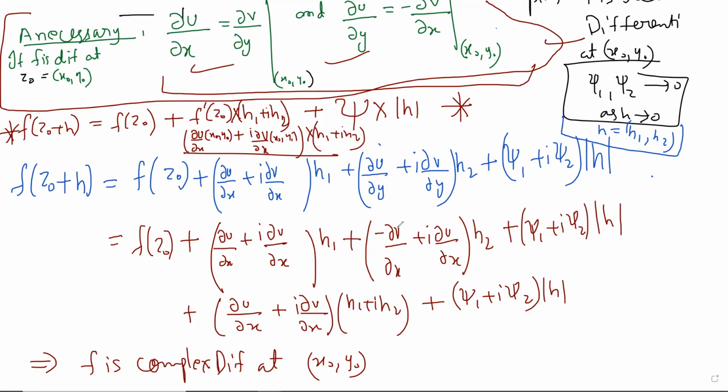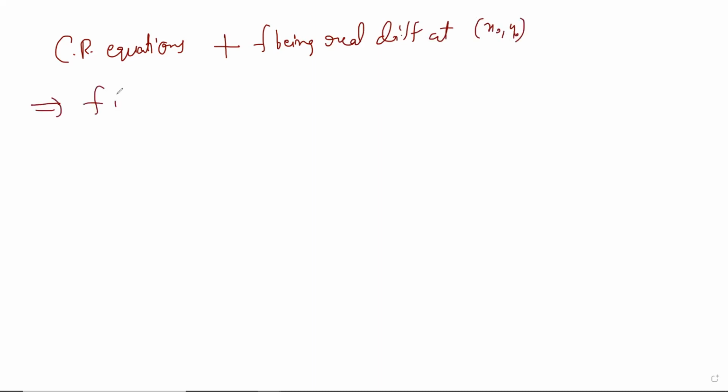So we have finally proved that the Cauchy-Riemann equations plus F being real differentiable at x naught comma y naught implies F is complex differentiable at x naught comma y naught.